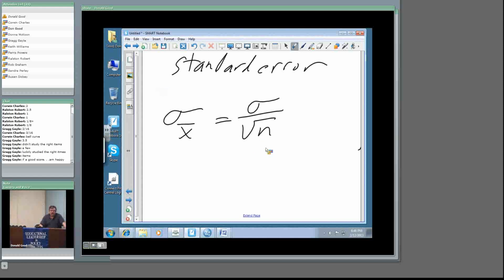If n increases, that means it's a bigger number. The square root of it is going to be a bigger number. We're dividing a bigger number into some other number. When you have a bigger number in the denominator, don't you get a smaller quotient? So the larger the sample size, the smaller the error. Which is kind of what we've seen all along. That's exactly what we've seen all along. The larger the sample size, the smaller the error.